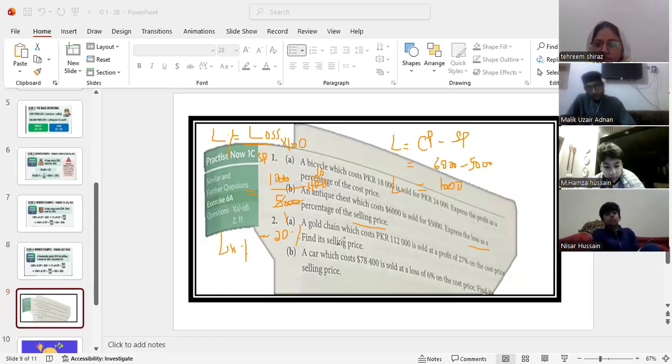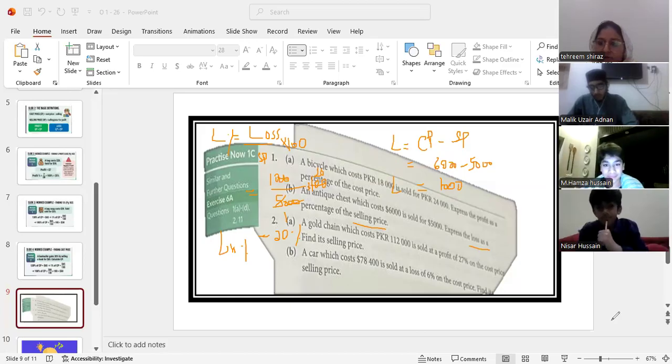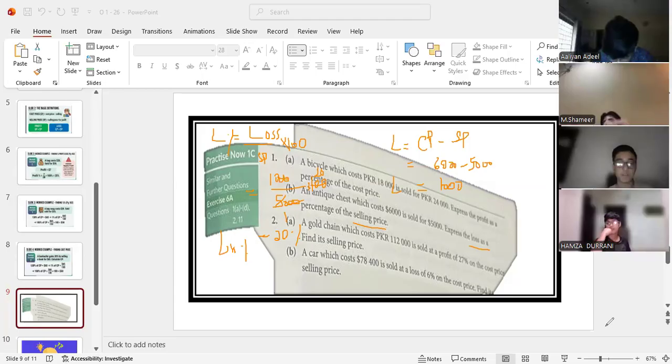If you feel any difficulty related to this question, you can raise your hands. Nisar, is this clear? Yes, ma'am. Okay, good. Hamza Hussain, is this clear? Yes, ma'am. Hamza Dorani, is this clear? Yes, ma'am. Musa Usman. Shamir, is this clear?